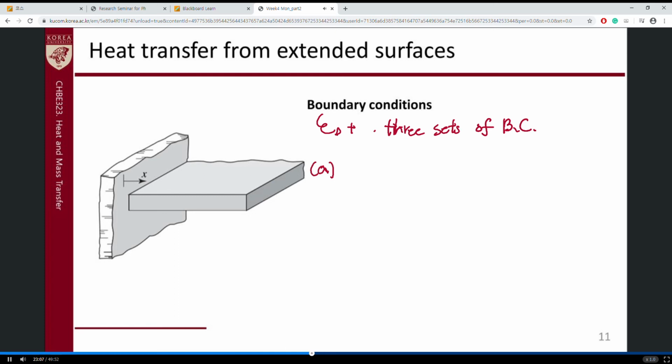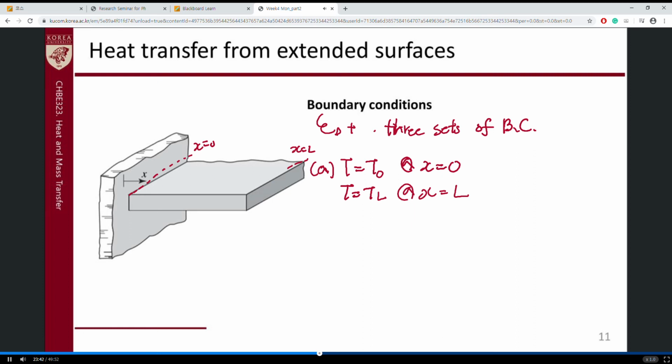Okay, for set A, we decide that T is equal to T0 at x equals 0, and T must be TL at x equals L, right?